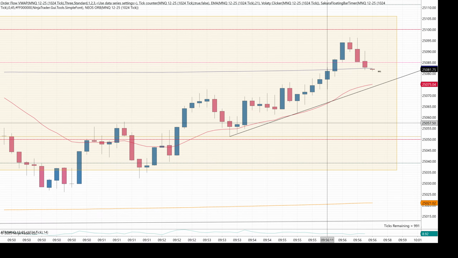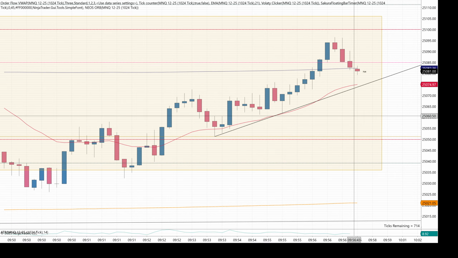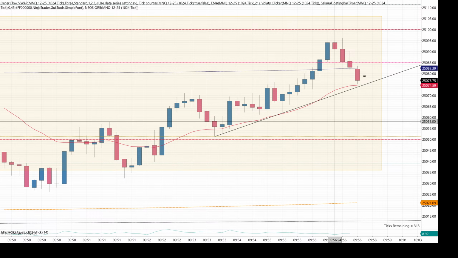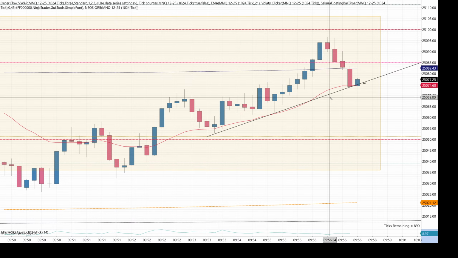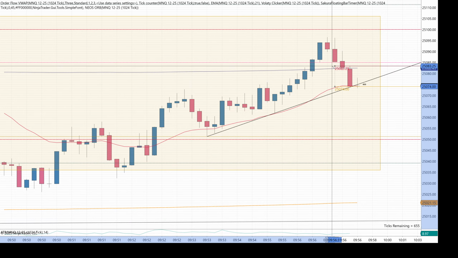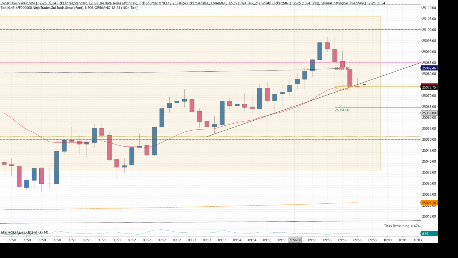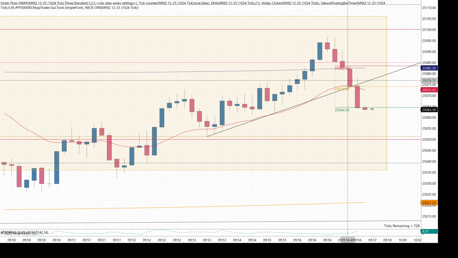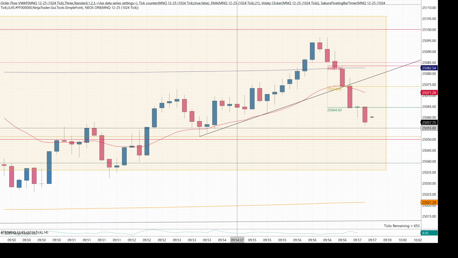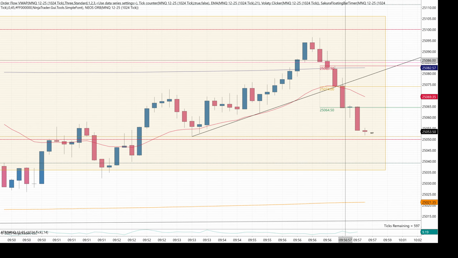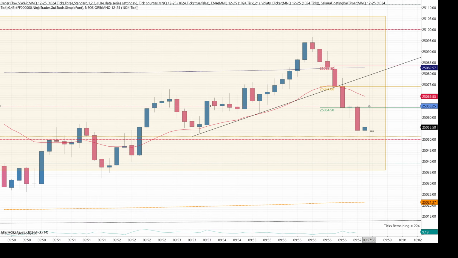All right, let's look for our next potential trade. Although we may not take one though, we got news in a few minutes. This would be the bearish signal there. It was borderline because we were right on that trend. Otherwise I would have taken it. And it worked beautifully.